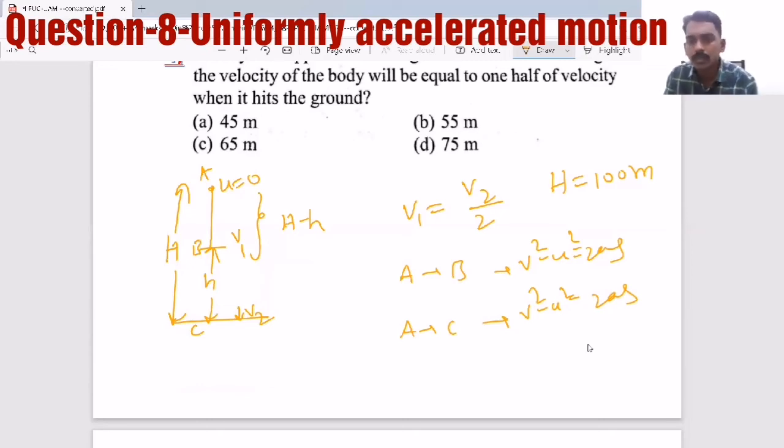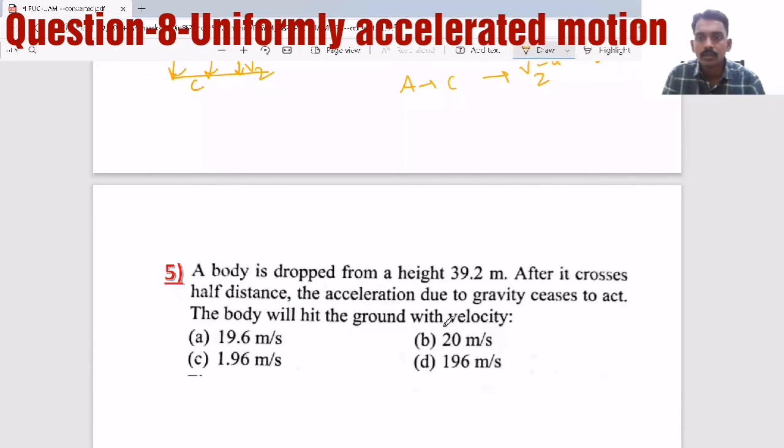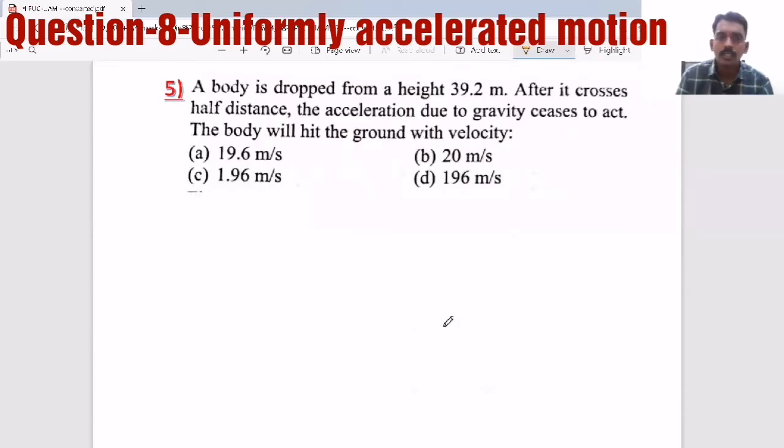Then from both equations, you can solve small h value because we have capital H value. In both equations small u is 0. From A to B, here V1 comes, here V2 comes, and we have the relation between V1 and V2. After taking both equations, you divide them so that V1 and V2 cancel each other. So try to complete it.